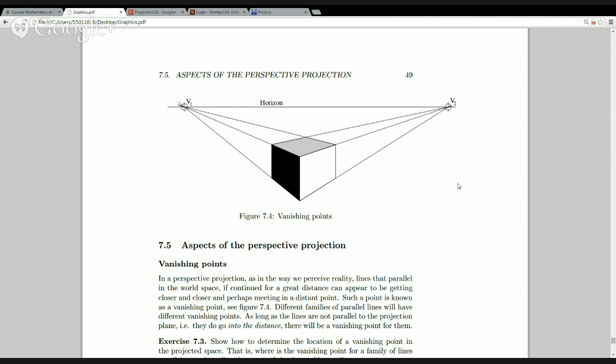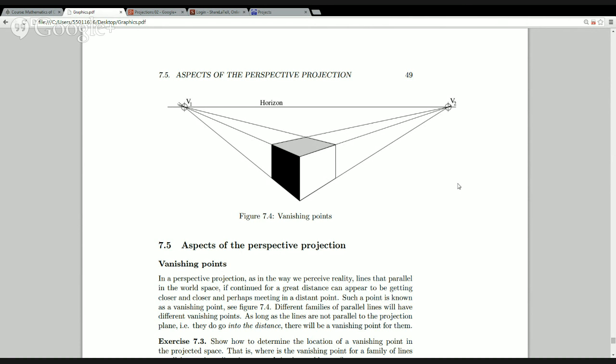But what's the setup when h_z is 0? When h_z is 0, that means you're talking about a direction h in the aligned world space which has no z coordinate. So that means it's a direction that's parallel to the xy plane.